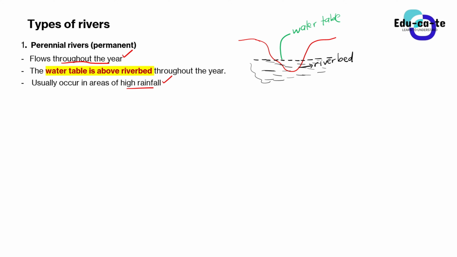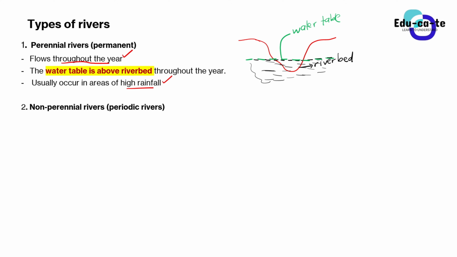It never dries out because the water table is always above the what? Above the riverbed. It is always above the bottom level of the river, causing the river to flow throughout the year. So this type of river usually occurs in areas that have high rainfall, areas where it is always raining, such that the water table is always so high.